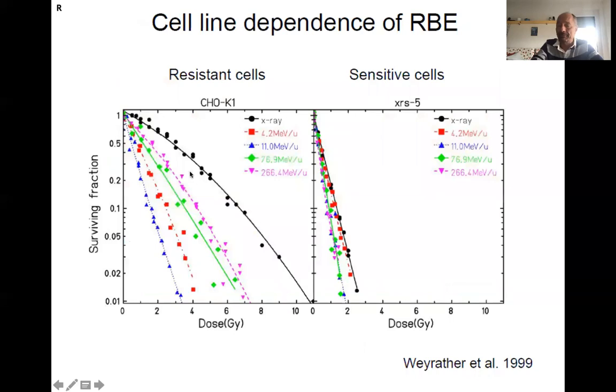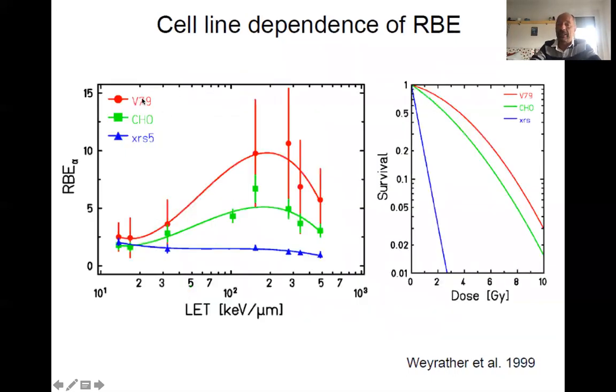But in reality, these are X-ray, always the CHO, and XRS5, which is deficient in non-homologous end joining. So it's very sensitive to X-rays. And you see that all the carbon ion curves that are so nicely spread here fall together. The RB is almost 1 here, while it's much higher than 1 here. So the RB depends very much on the intrinsic sensitivity.